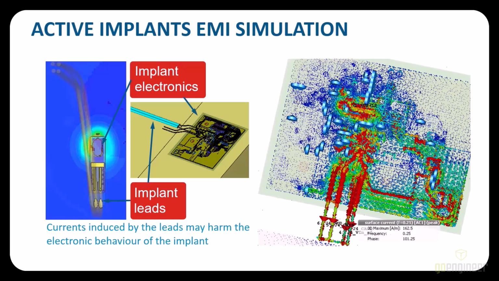Currently, there are strict regulations prohibiting patients with pacemakers to go anywhere near an MRI system. But in the future, this could be a hot topic of research where simulation will hold the key to analyzing if active implants can be certified as MRI safe or not.